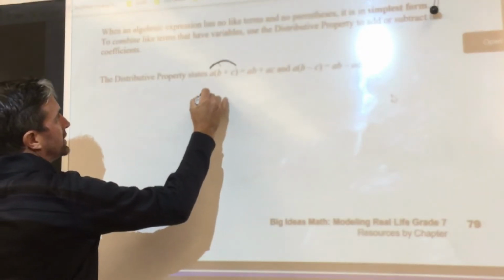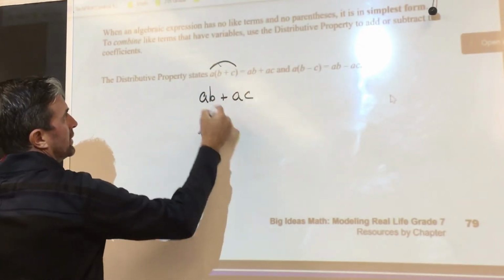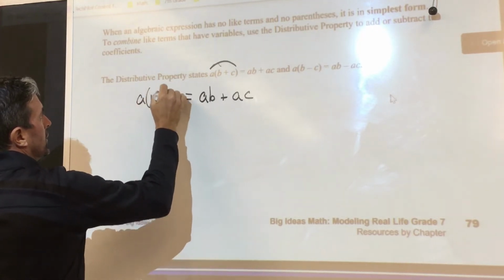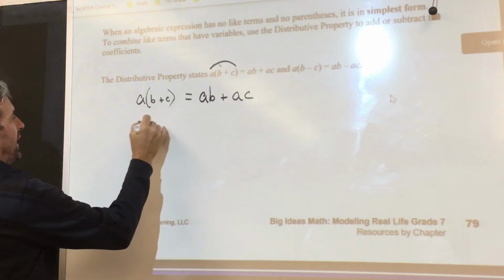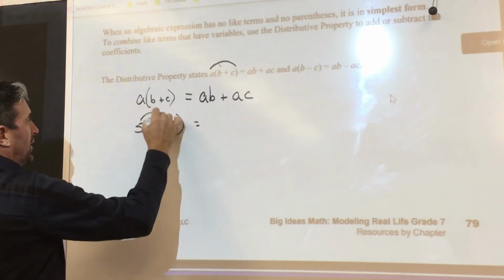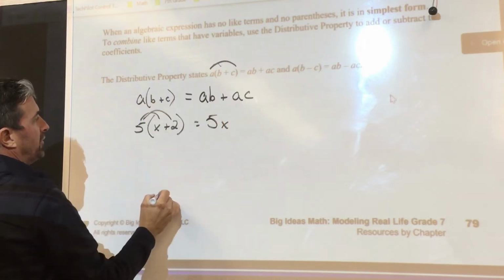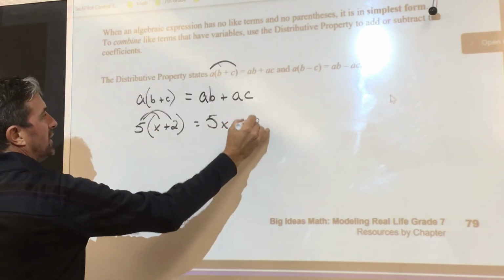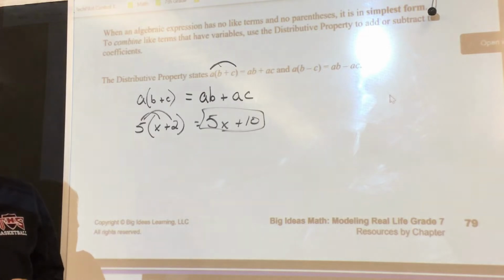So A times B is AB, plus A times C is AC. For example, if we had 5 times the quantity x plus 2, we would say 5 times x is 5x, plus 5 multiplied by 2 is plus 10. That would be our answer. We would stop right there. We couldn't go any further.